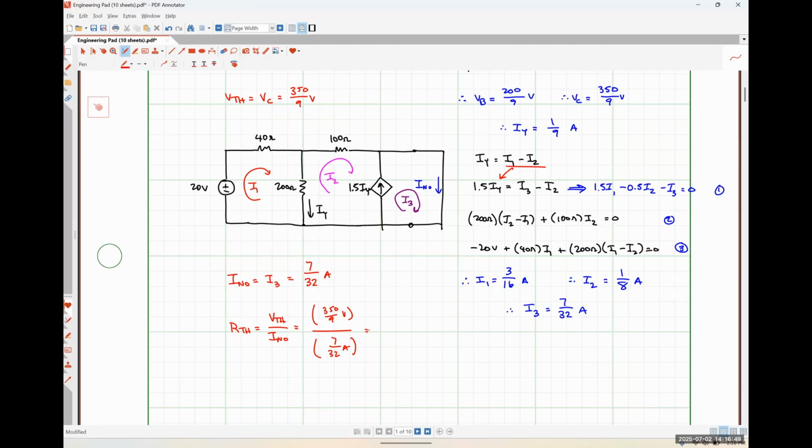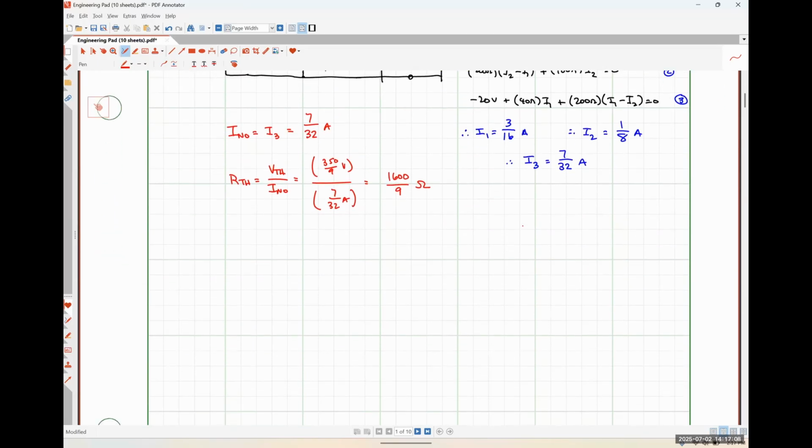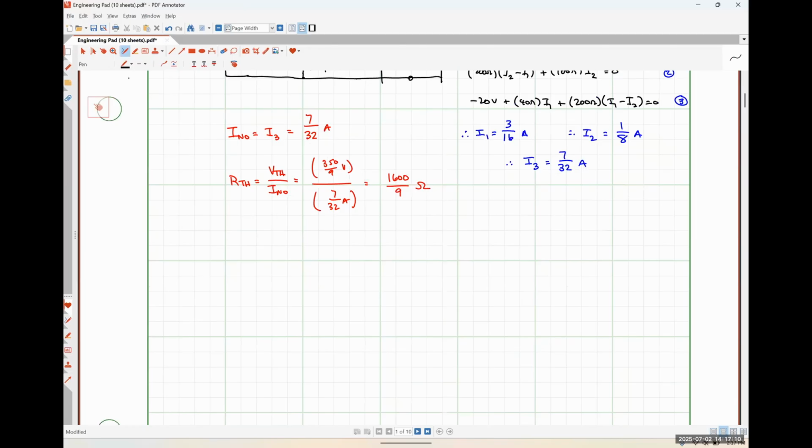And I wound up getting 1600 over 9 ohms. So the last thing that I would like to do here is just use a test source method to verify that that is correct.